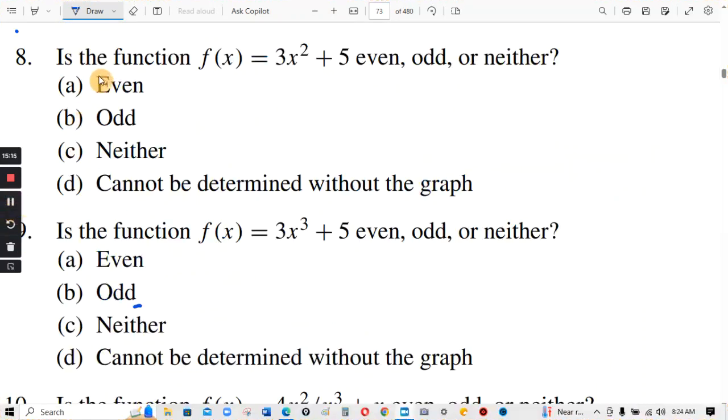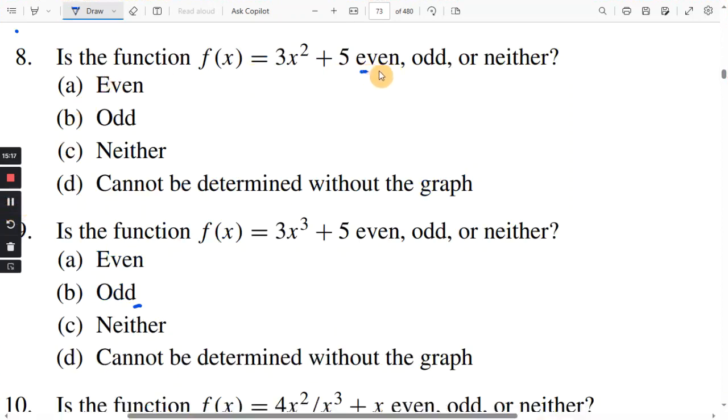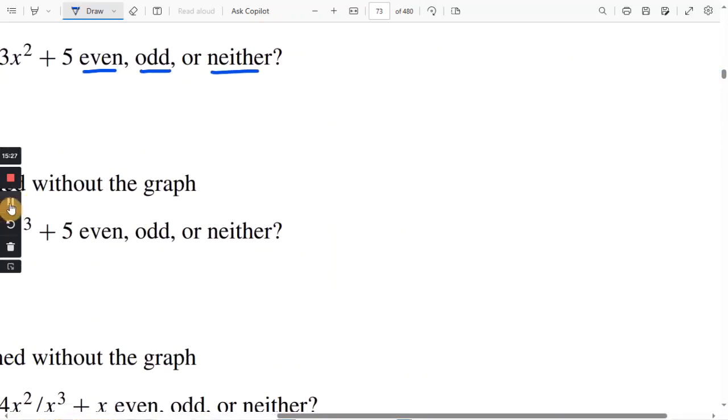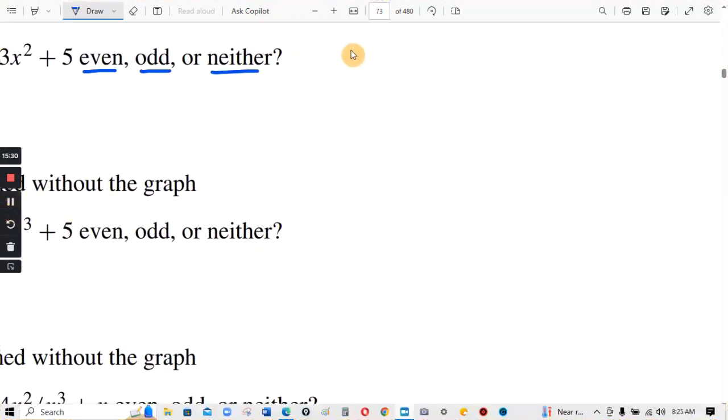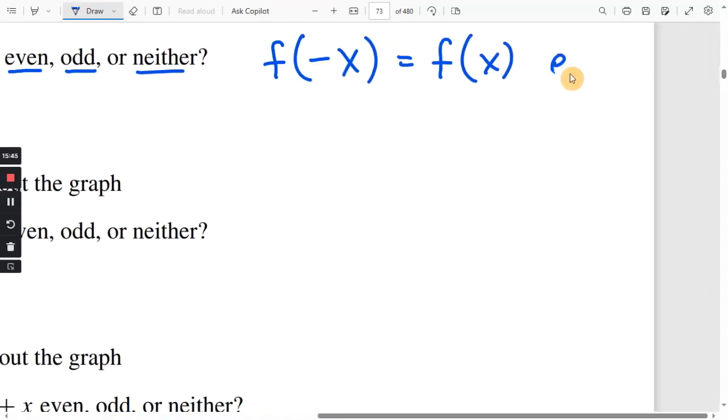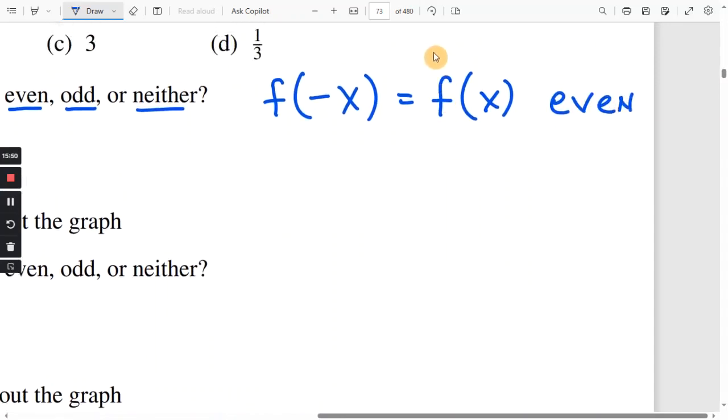All right, number 8, is the function even, odd, or neither. All right, so there's a few steps to determine this. First, you want to evaluate f of negative x. All right, and if f of negative x equals the original, that means it's going to be even.